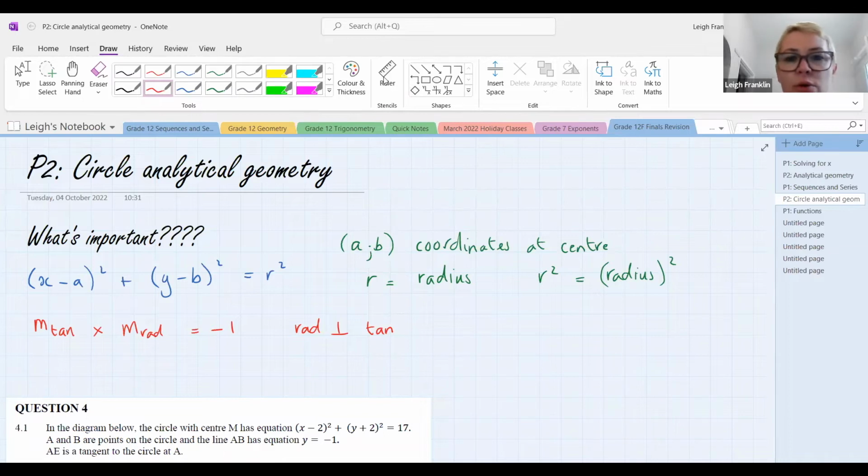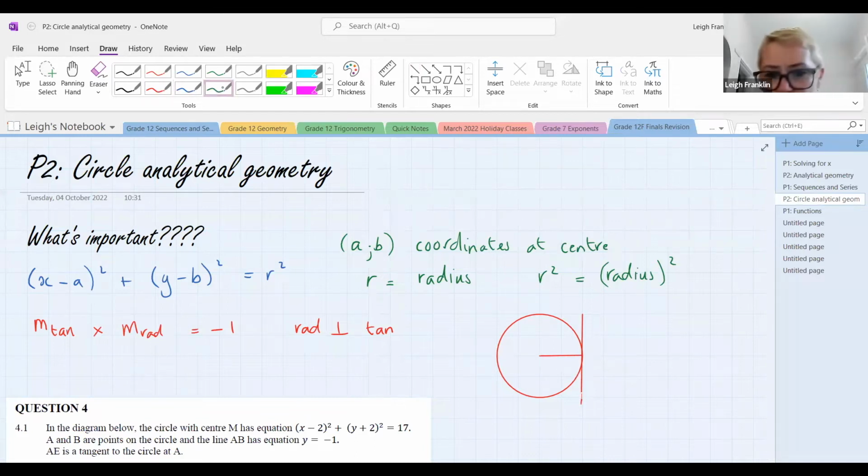If I try and draw this very quickly for you, there is a circle. Let's draw a radius, and then I'm going to draw another line, like so.